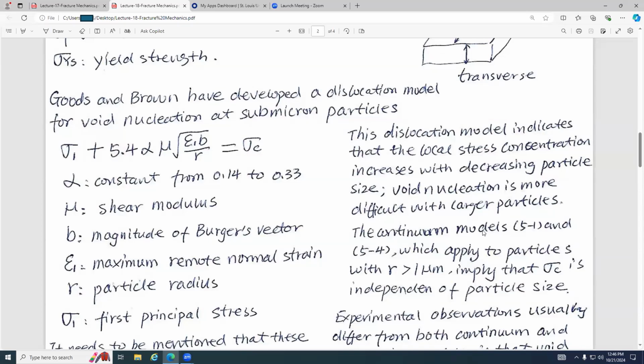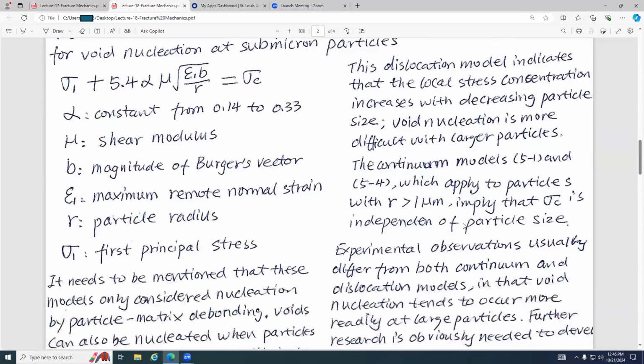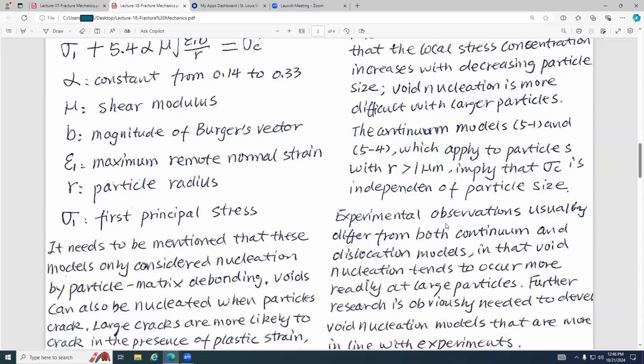The continuum models we have learned apply to particles with R greater than 1 micrometer, which implies that sigma c is independent of particle size. But this is the observation. Experimental observations usually differ from both continuum and dislocation models.